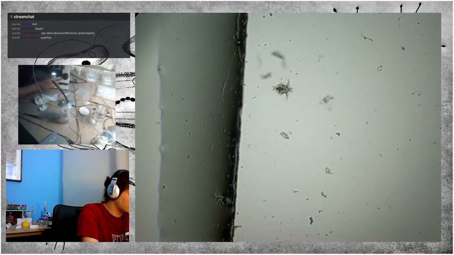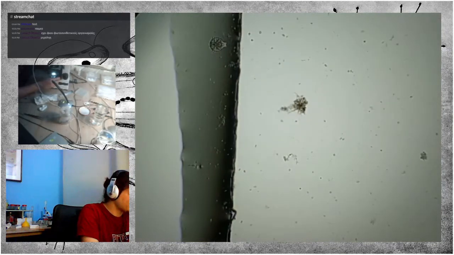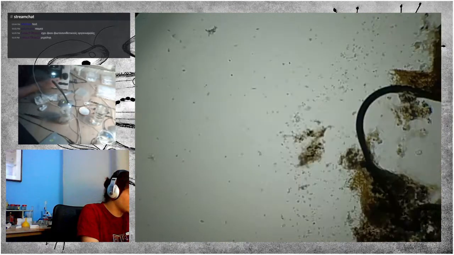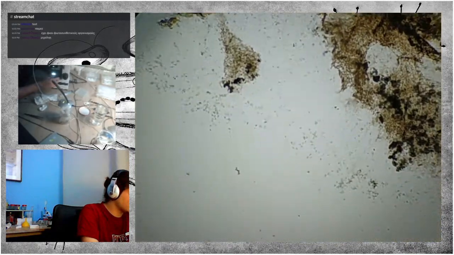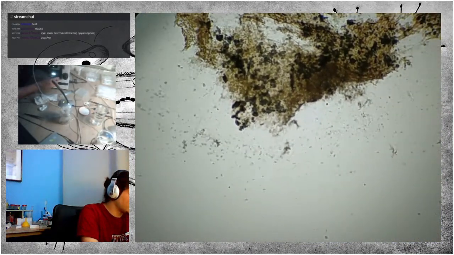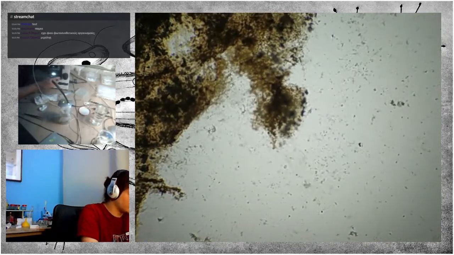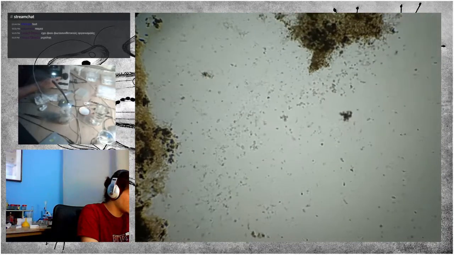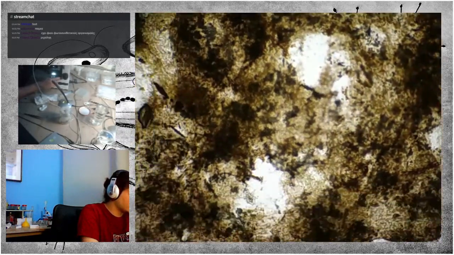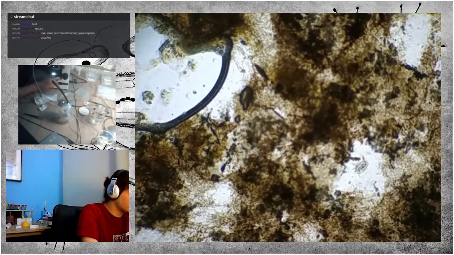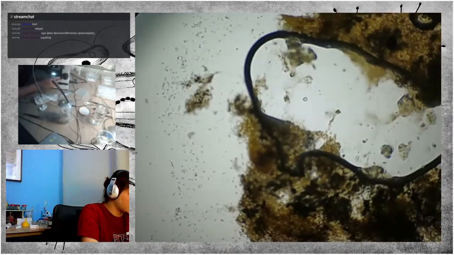and they're quite motile. And also I can see a large amount of single-celled organisms, which I don't know yet the species or the genus, or again, even if they're ciliates or flagellates.